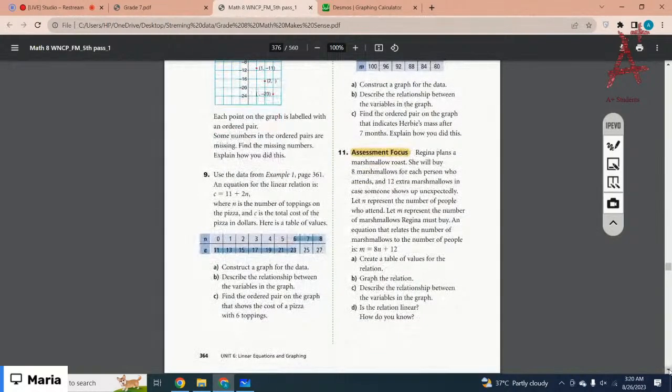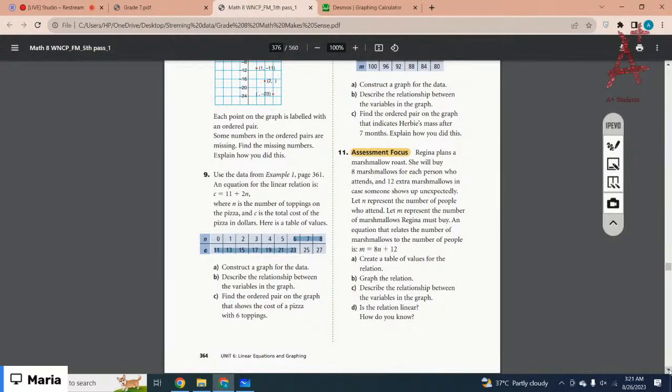Regina plans a marshmallow roast. She will buy 8 marshmallows for each person who attends and 12 extra marshmallows in case someone shows up unexpectedly.